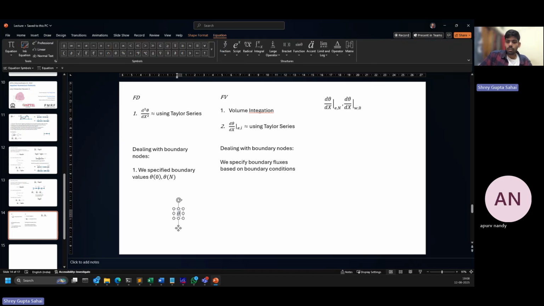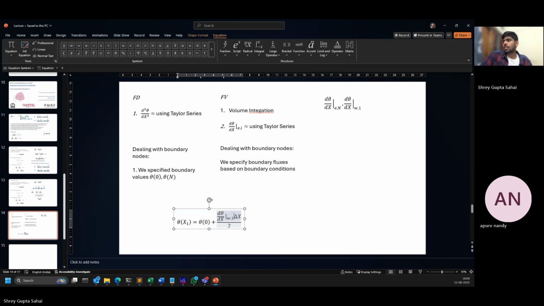Suppose theta of x1 will be theta of 0 plus d theta by dx, evaluated at x equals 0, times delta x by 2.